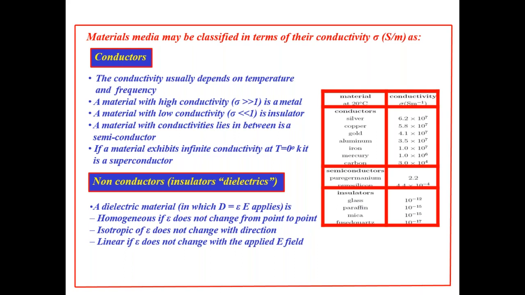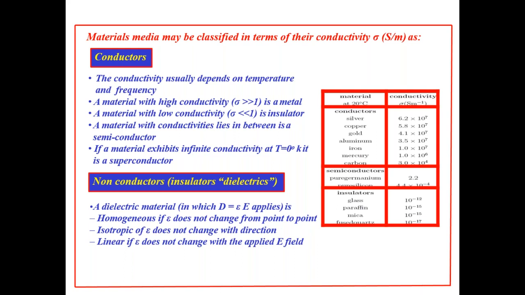You and I know that metals conduct electricity very well. It's a conductor of electricity. A material with low conductivity is an insulator, and a material with conductivity in between is a semiconductor.